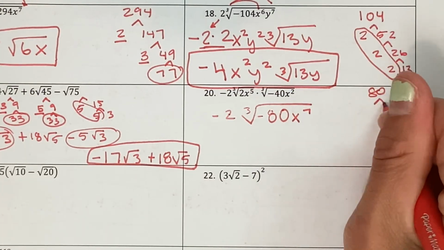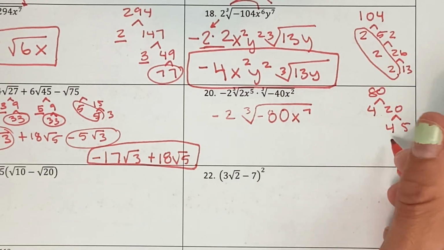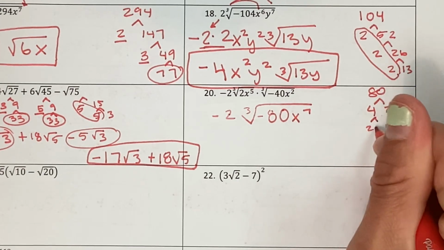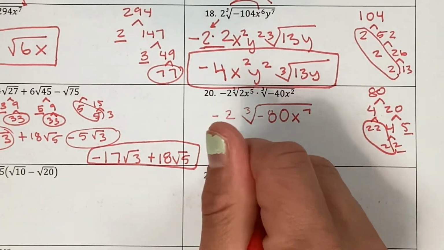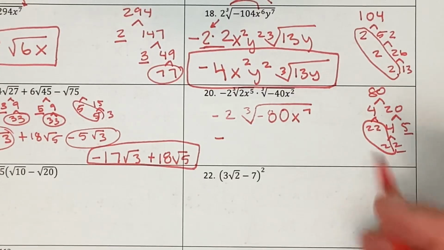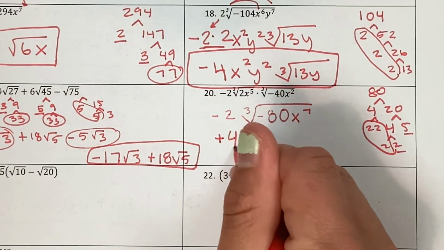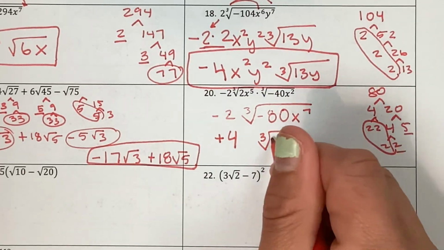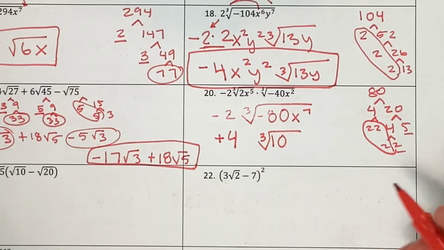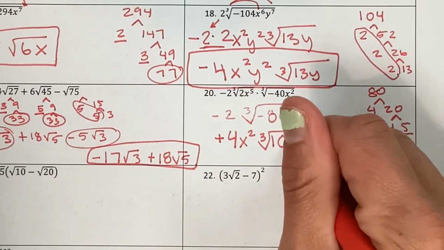Okay, so 80 we're going to break down 4 and 20, 4 and 5, 2 and 2, 2 and 2. So I've got a group of 3 2s with a 2 and a 5 left over. So the group's going to go on the outside with this other negative, and this negative will also go out, which will make it positive. So that'll be positive 4 cube root, and then the 5 and the 2 will multiply together to give you 10. 3 goes into 7 twice with 1 left over.